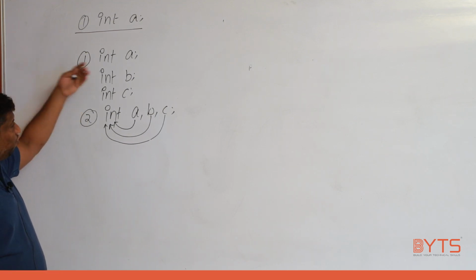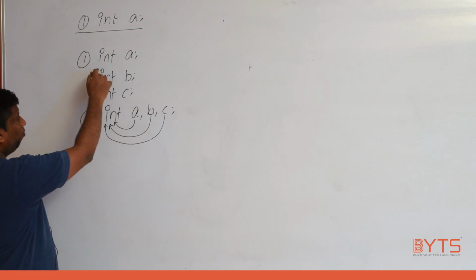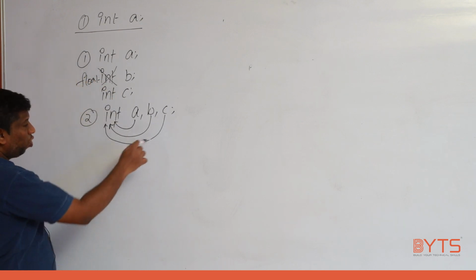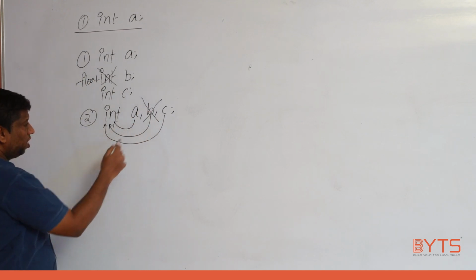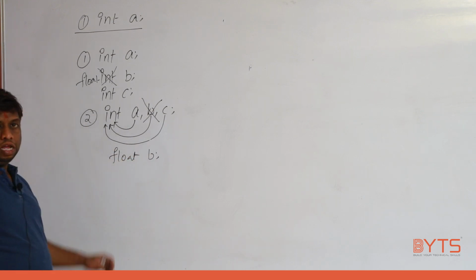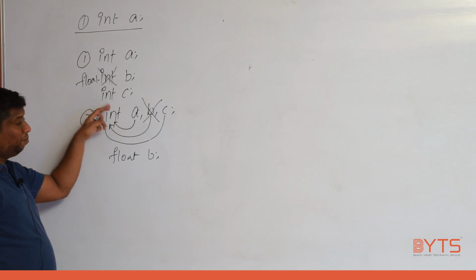In the future you notice B is not an integer, B is a float. Simply I can come here and replace it with float. You need to remove this and write float B. Again in the future you notice C is not an integer type, C is a character type.